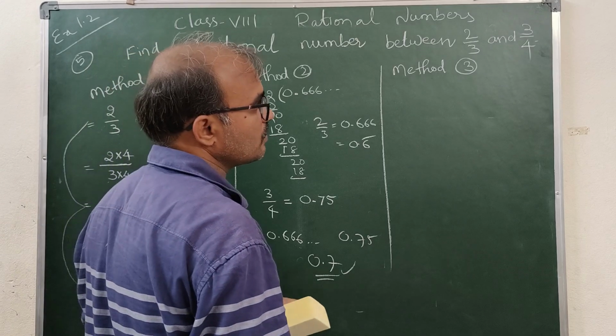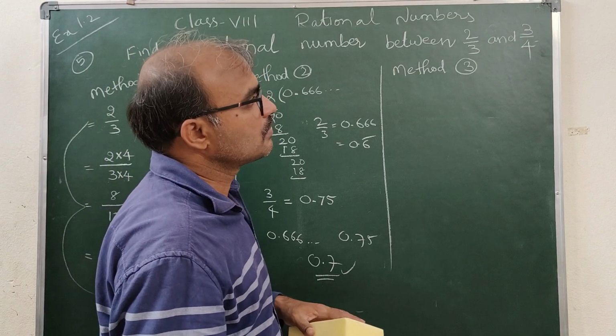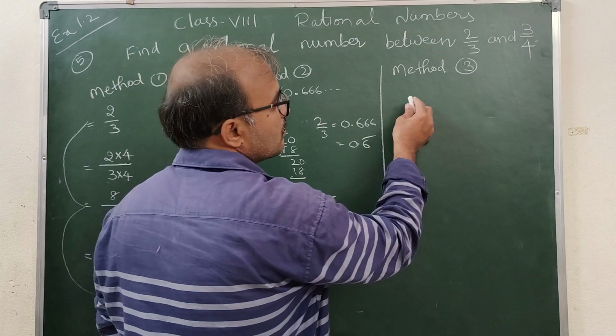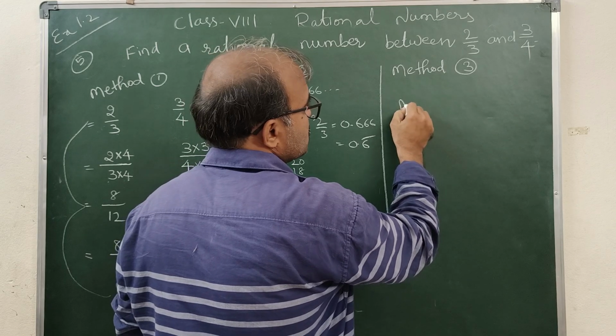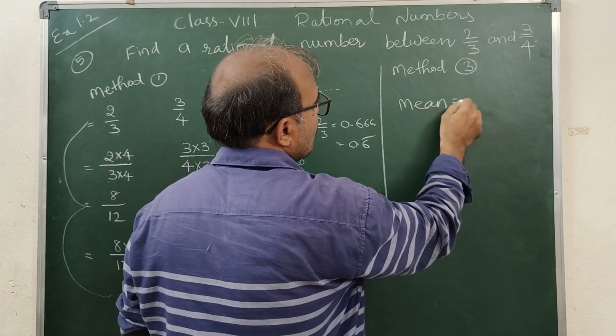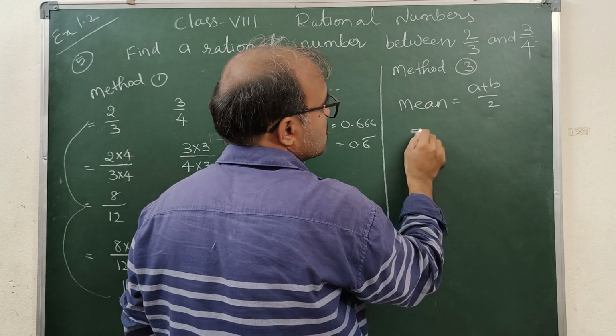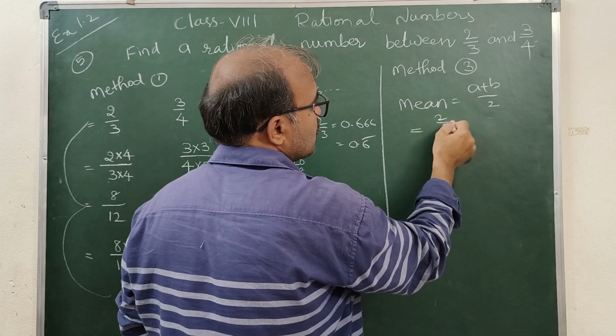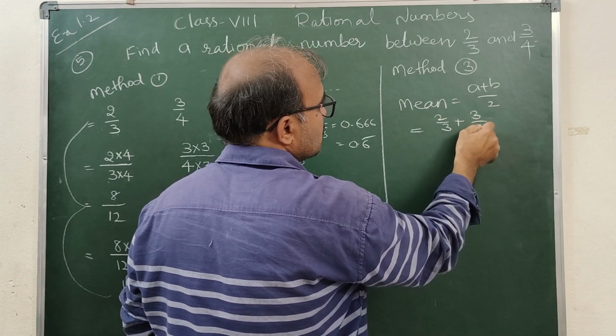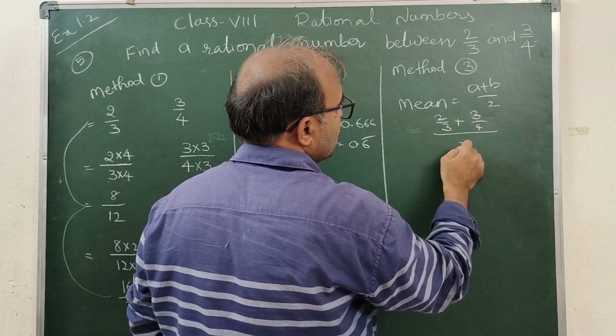Third method, I will go for the mean method. The mean of two numbers a and b is (a plus b) by 2. What are the numbers here? (2 by 3 plus 3 by 4) by 2.